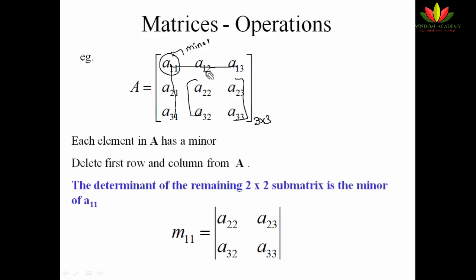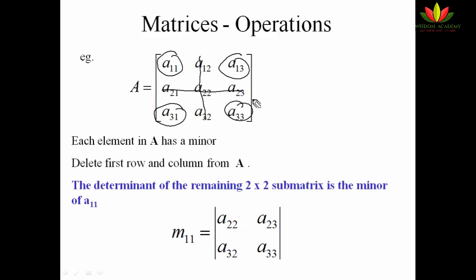Similarly, for A22, it is in the second row and second column, so I will eliminate them and have the other 4 elements, right? For A33, I will eliminate the third row and third column and I will have 4 elements.